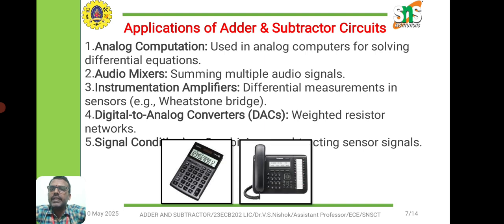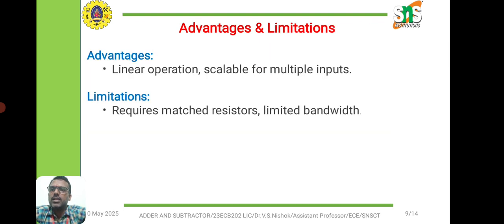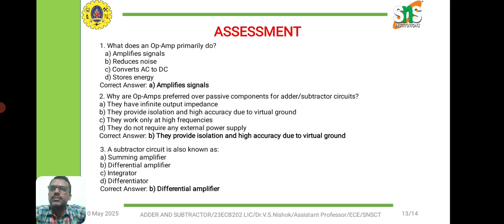These are a wide variety of applications. Why do we go for the operational amplifier for designing such mathematical circuits? The advantages are linear operation and scalability for multiple inputs, and the limitations are matched resistors and limited bandwidth. These are the main limitations of the adder and subtractor circuits.